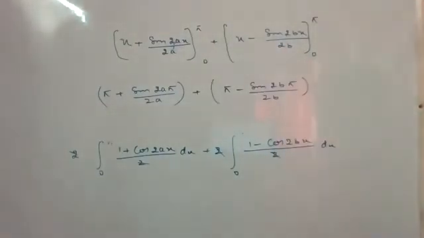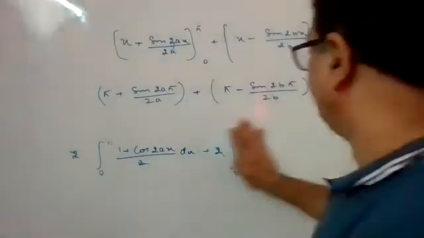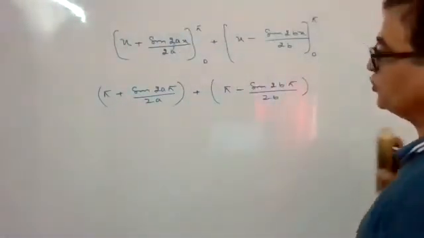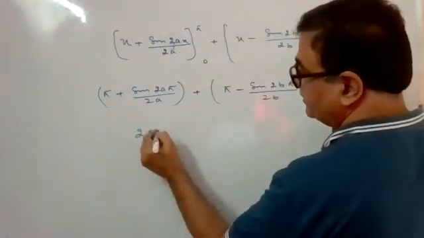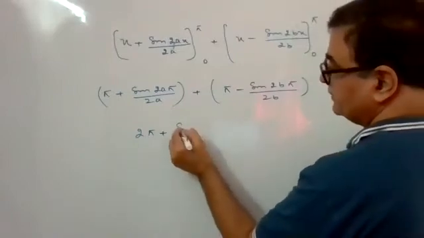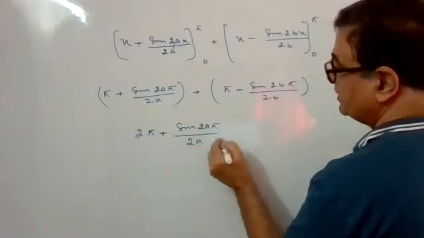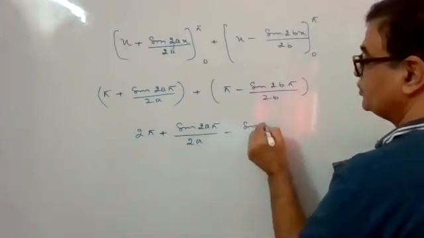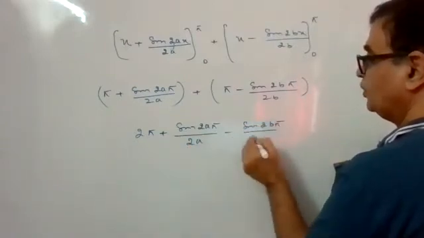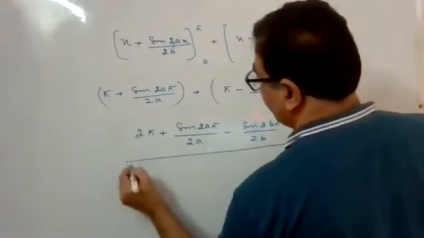This is the result. So what will my final answer be? Final answer comes out to be twice of pi plus sine of 2a pi by 2a minus sine 2b pi by 2b. This is my answer.